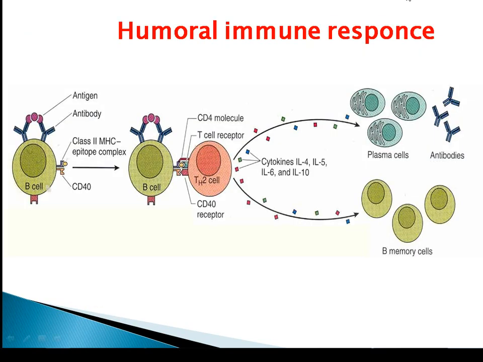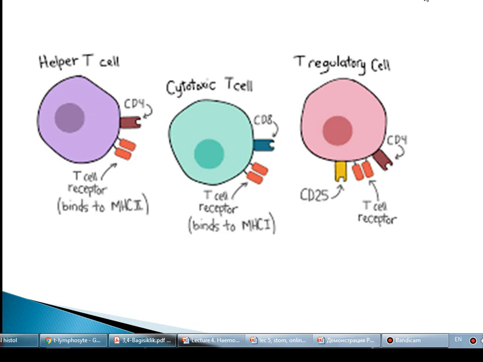T cells develop in the bone marrow but have to enter the cortex of the thymus to express the necessary molecules to become immunocompetent.